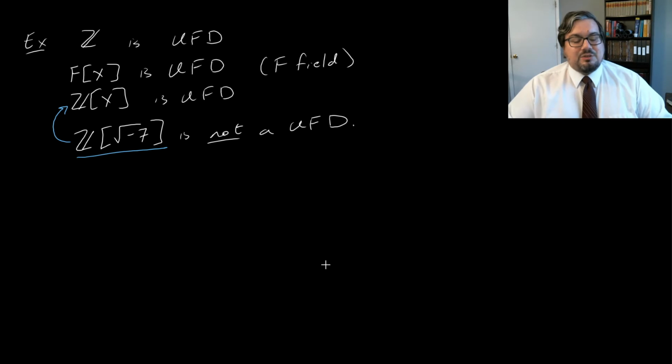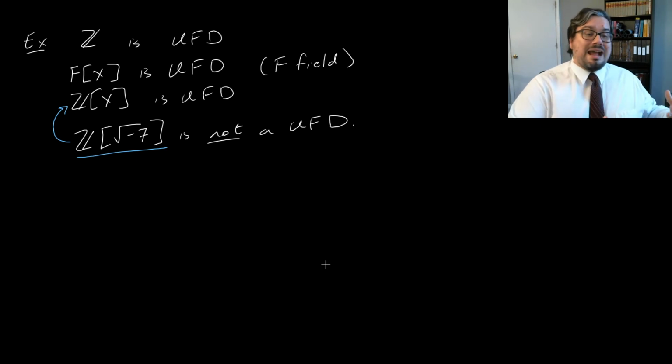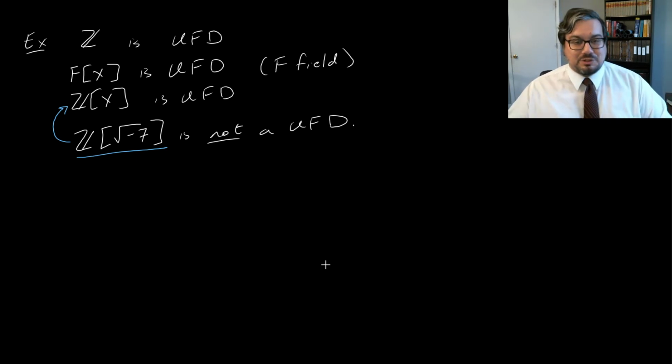Now, we defined the unique factorization domain in terms of irreducible elements. It turns out that in unique factorization domains, irreducible elements and prime elements are the same. That's the next thing we're going to prove. It also turns out that we could have defined unique factorization domains in terms of prime elements rather than irreducible ones.